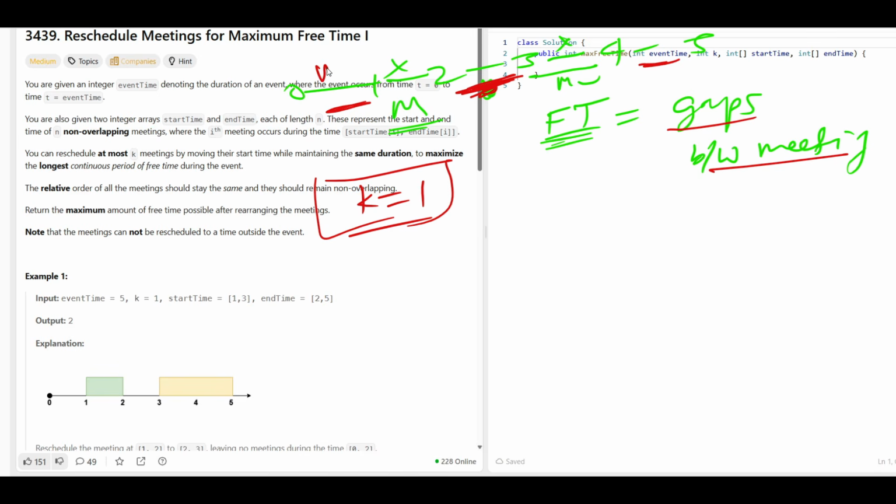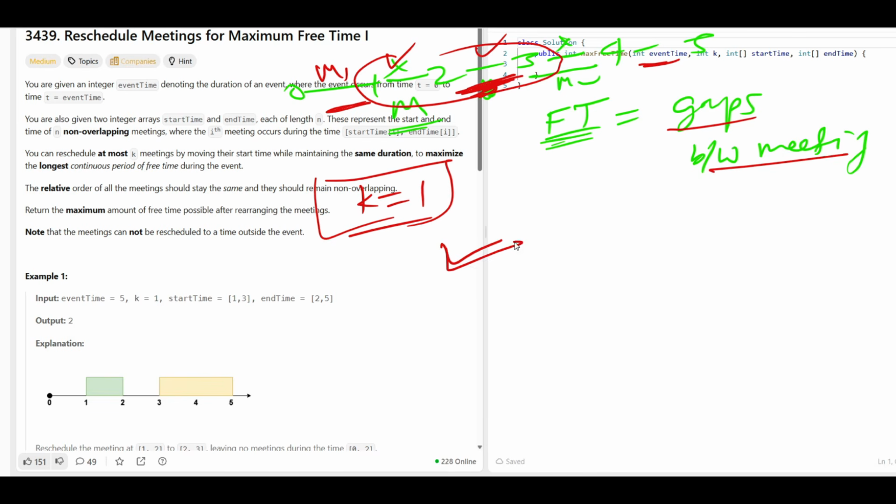Like we have done, we put M1 here and M2 we moved from here to here, so we got the space here. From here to here it was free. So we can create it like this. So we have to return the maximum single free interval. That is why we have to check the order.